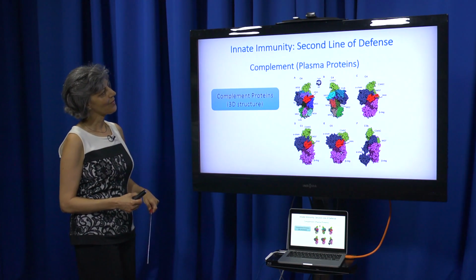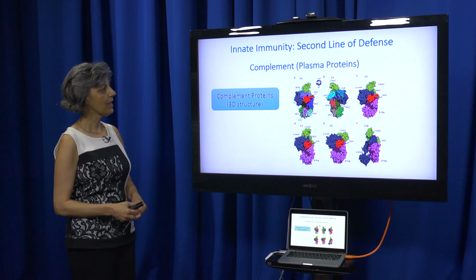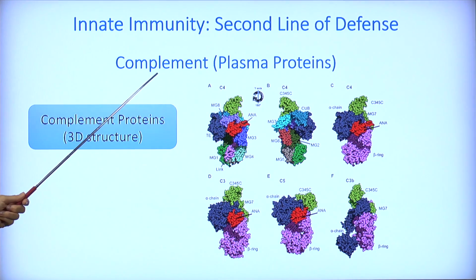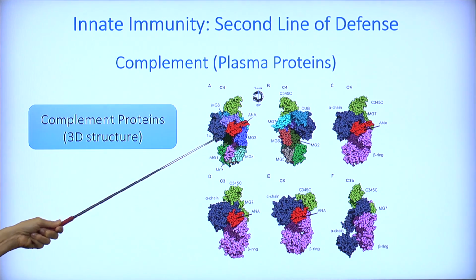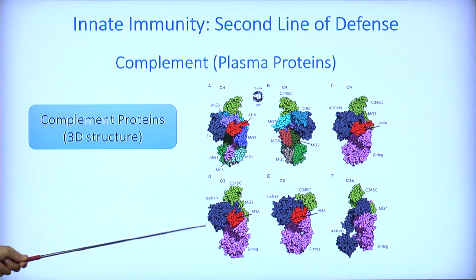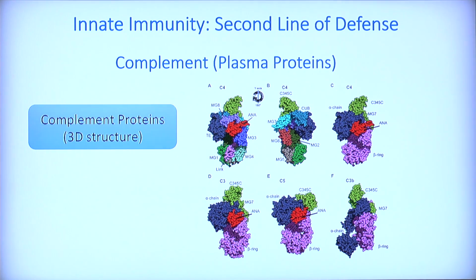Another group of proteins that help in the second line of defense is a group of proteins called complement proteins. I just wanted to give you a visual, a 3D of those proteins, so you remember proteins take a three-dimensional shape, and these are the shapes of some of those complement proteins.